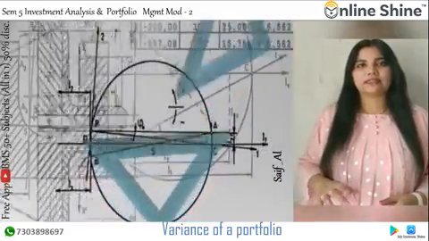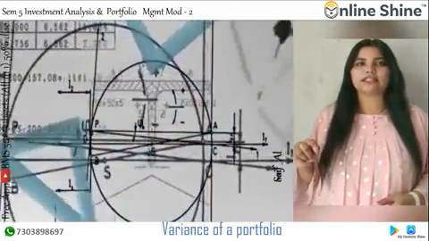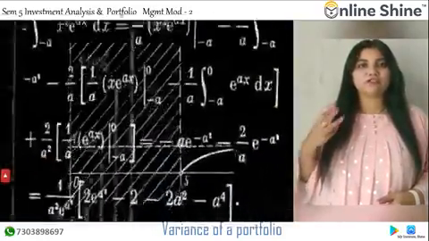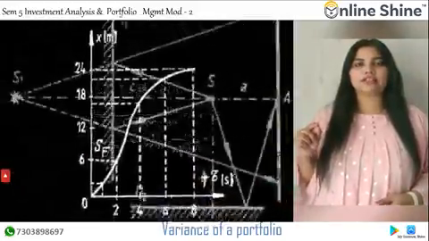By calculating this, we get the answer 0.0916%. So this is the variance of the portfolio of 3 assets.